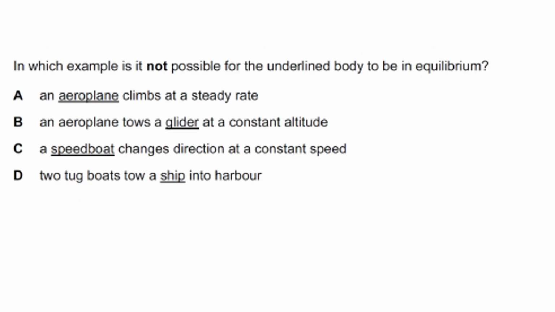In which example is it not possible for the underlying body to be in equilibrium? So an aeroplane climbs at a steady rate. Since it's at a steady rate, the resultant force is equal to 0. And if an aeroplane climbs, it'll climb like this, with an angle of theta across the ground.